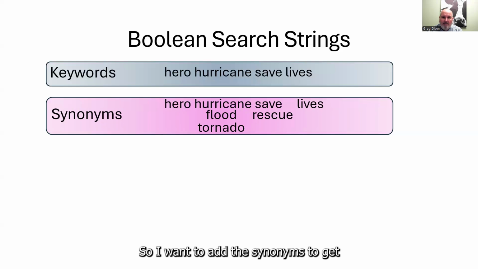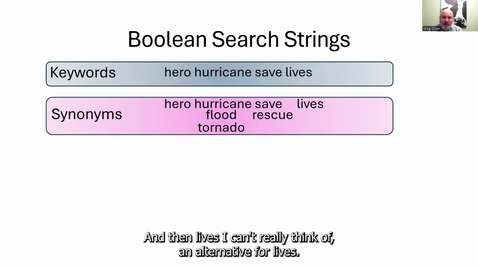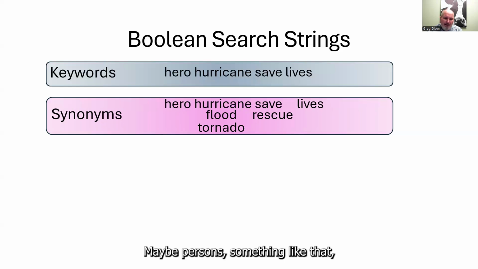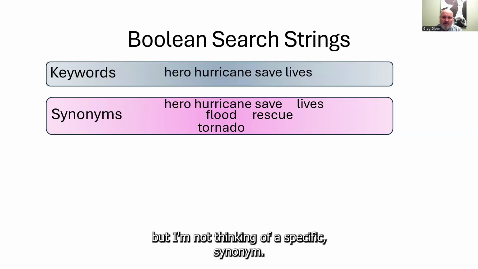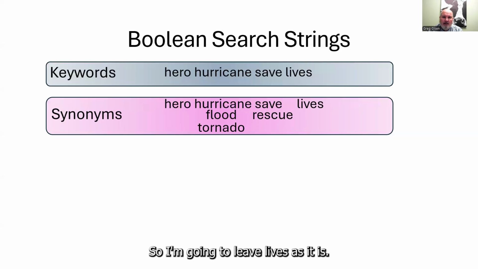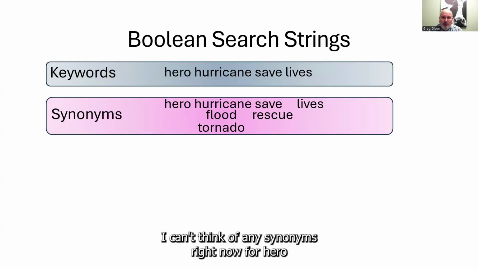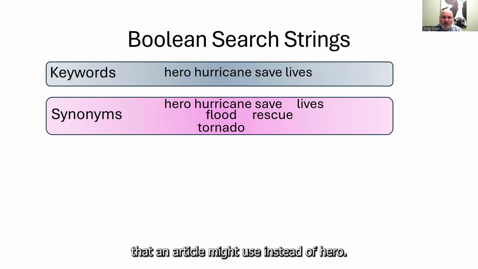So I want to add these synonyms to get either save or rescue as part of that article. And then lives, I can't really think of an alternative, maybe persons, but I'm not thinking of a specific synonym. So I'm going to leave lives as it is, much the same with hero. I can't think of any synonyms right now for hero that an article might use instead of hero.